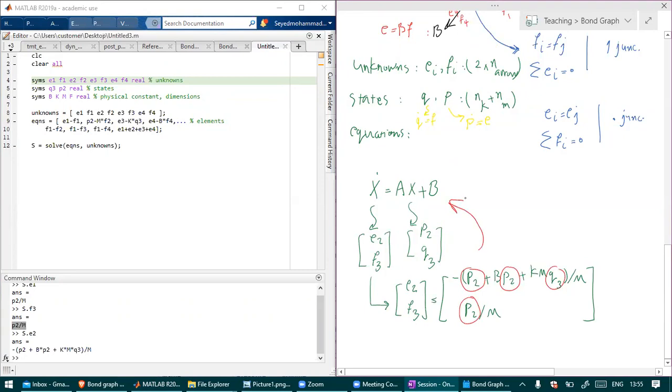That's the equation of motion for the system.